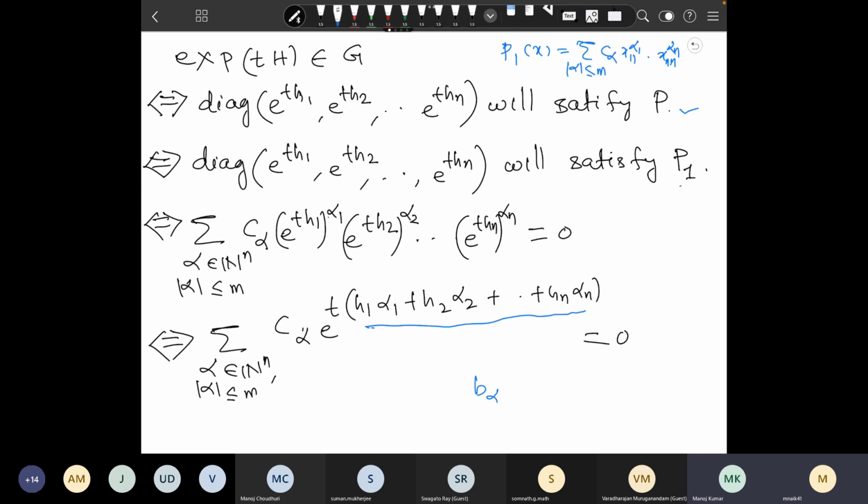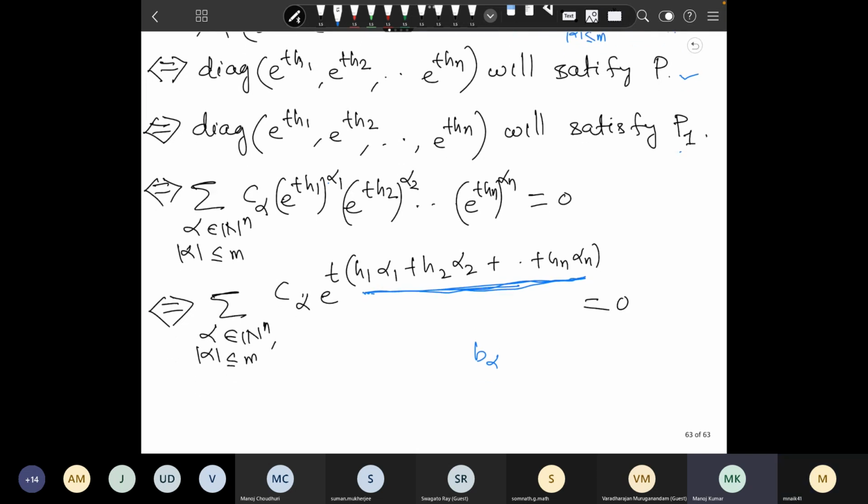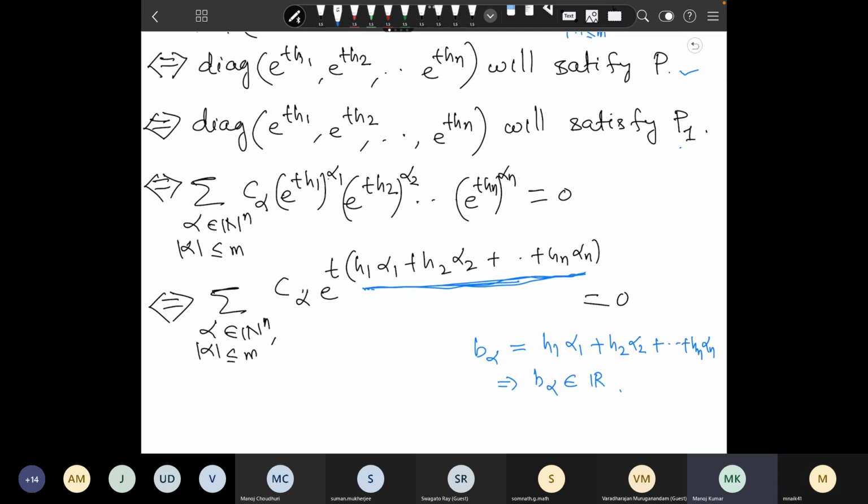And finally, what I am calling this entry is B alpha. So B alpha is equal to h1 alpha 1 plus h2 alpha 2 plus hn alpha n. Observe that since the his are real and alphas are real, B alpha belongs to R.